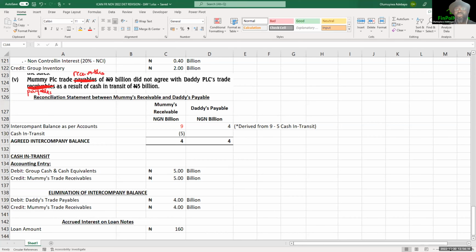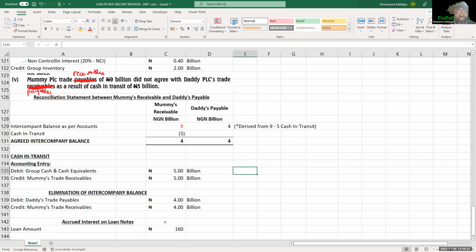Now, I don't think there's any place, I'm trying to check from the question, where it has been accounted for. I'm also looking at the balance sheets. It was not stated, but we have two assumptions here.